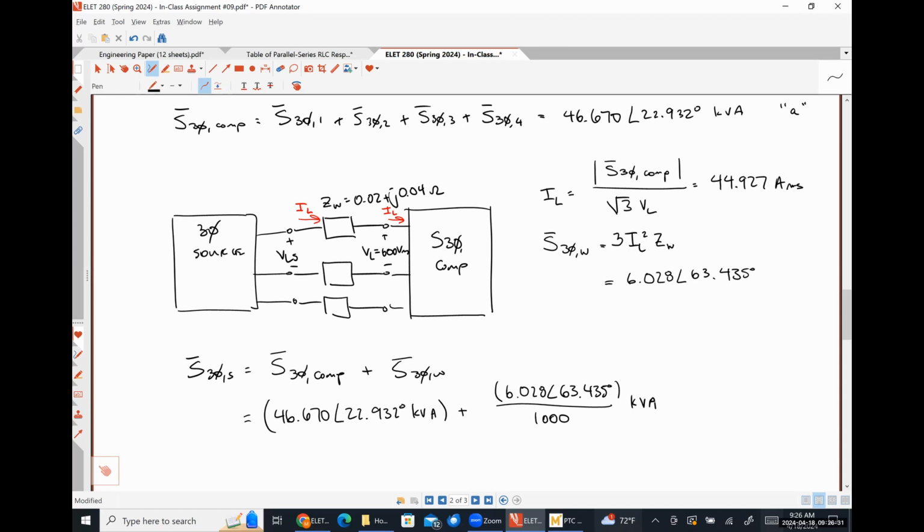So what I have stored in my calculator as A plus what I just stored in my calculator as B divided by 1,000 gives me 46.694 angle 22.936 degrees kilovolt amperes.